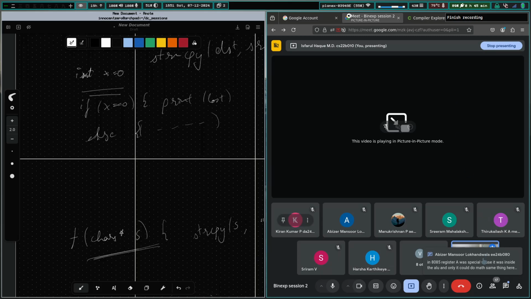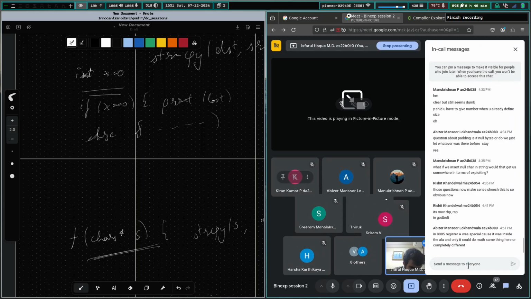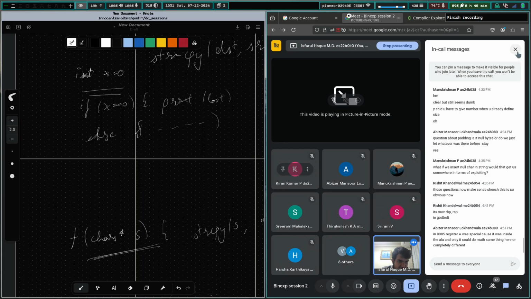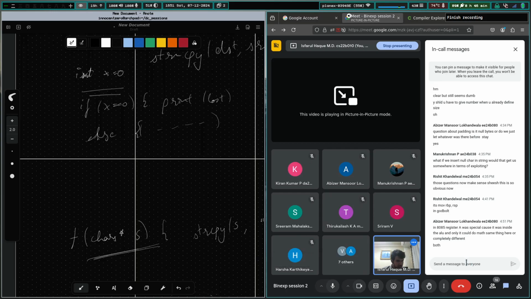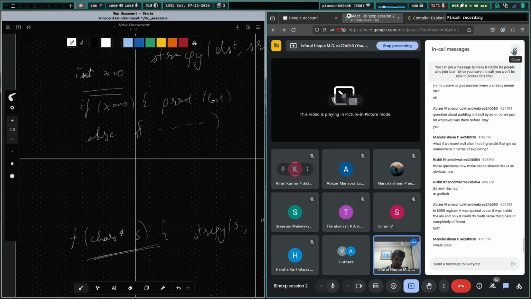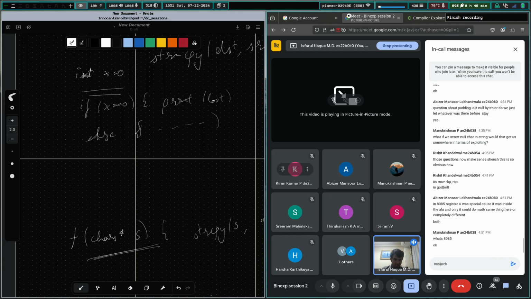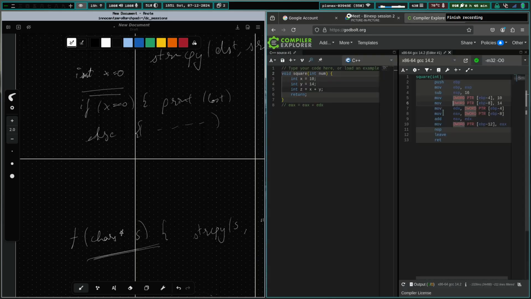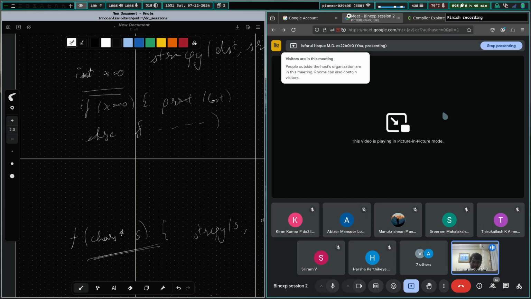In 8085, register A was special because it was inside the ALU and it could only do the math. The same here. 8085 or 6, I'm not sure. Both. Interesting. It might be true. Architecture, it was a specific processor, to be precise. It might be true. I am not sure once again. I do not design processors in my free time.